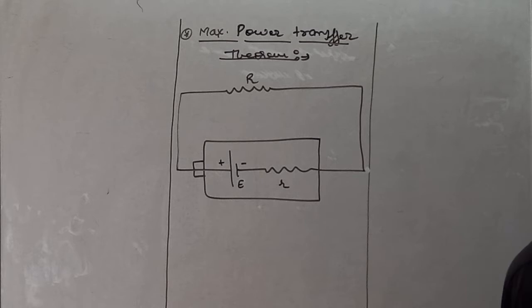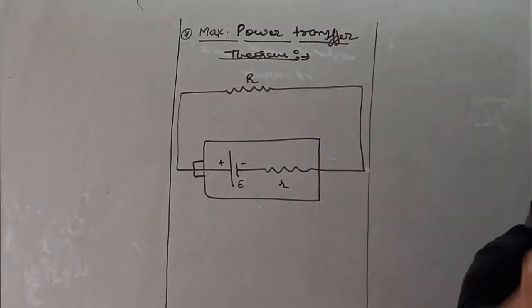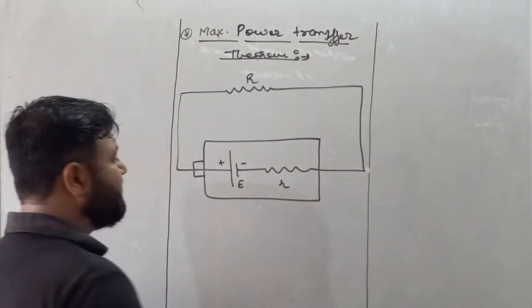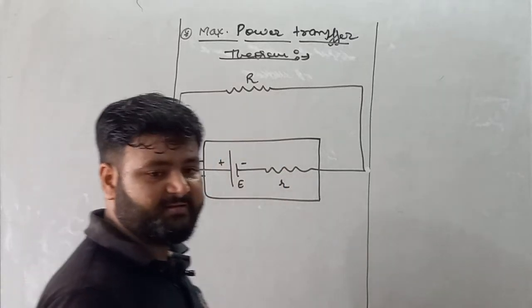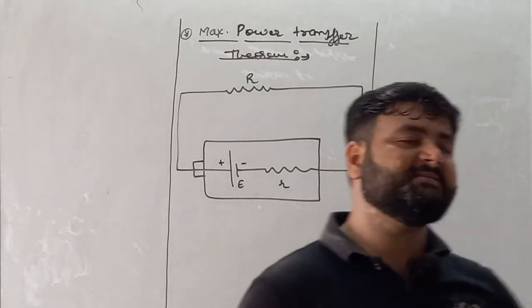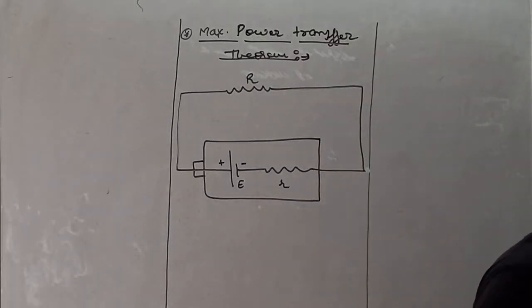Write down: we wish to find the condition on which the battery can transfer maximum power to the external resistor of resistance R.